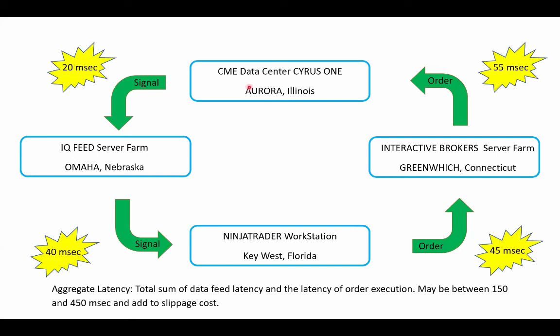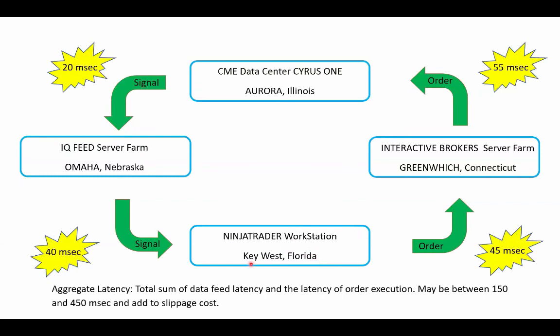So you have the CME data center here, passing on the data to the data provider, who may be in Nebraska, and then processed by the data provider, sending it to you in, let's say you're in Florida, and then going into the CPU and displayed on your PC.